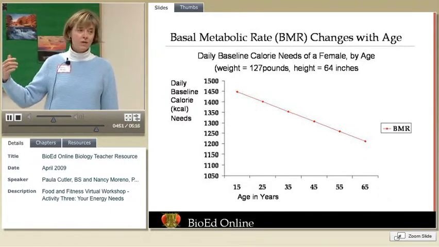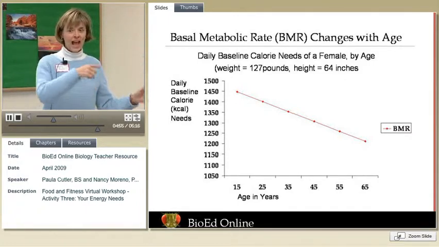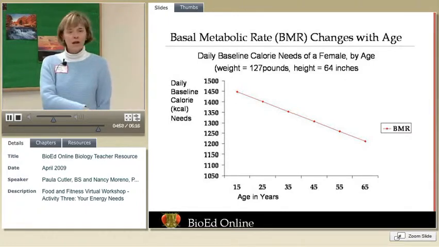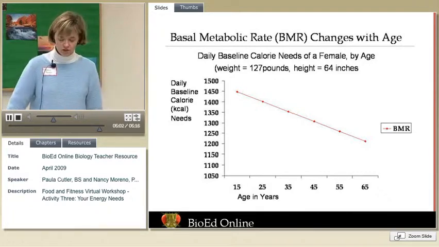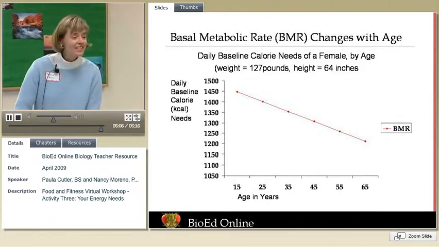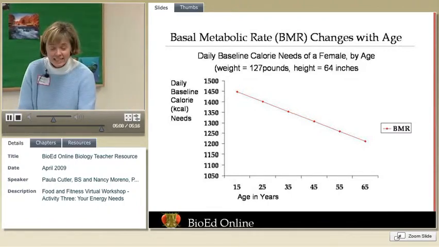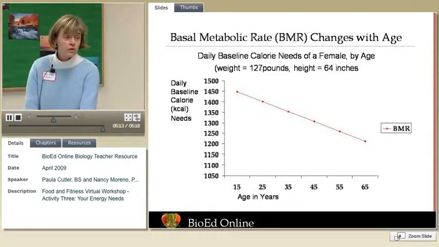What do you expect would happen to that graph as the person got older? Same weight and height. Go down. Yeah, our metabolism slows down as we grow older. It's a little depressing. But it's a reality. That's right. And it makes a nice additional activity for students to do, to look at that and to graph it.